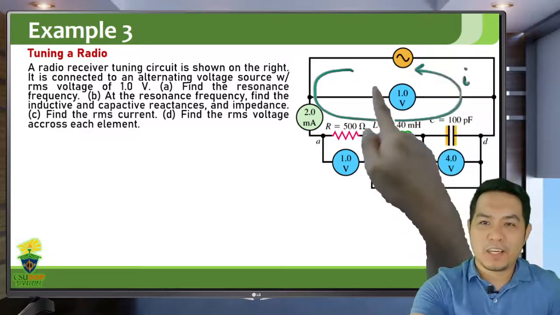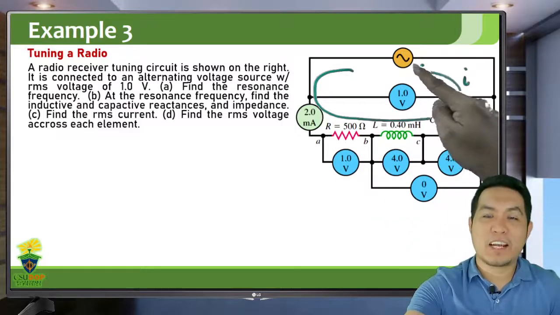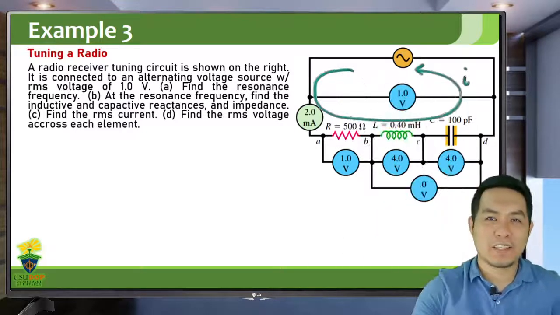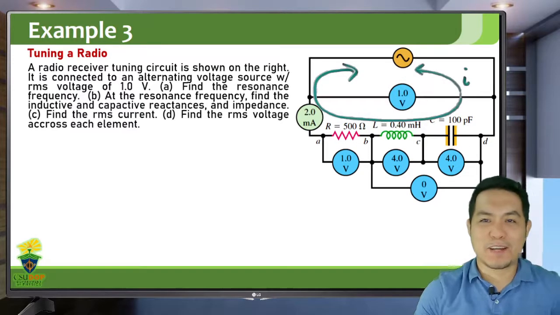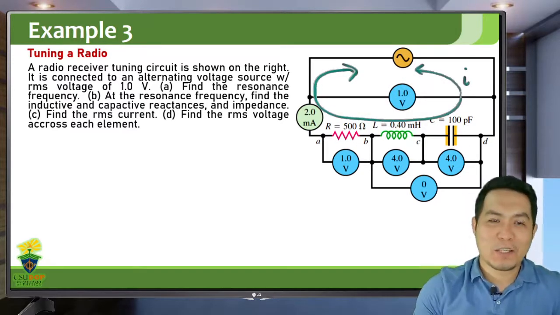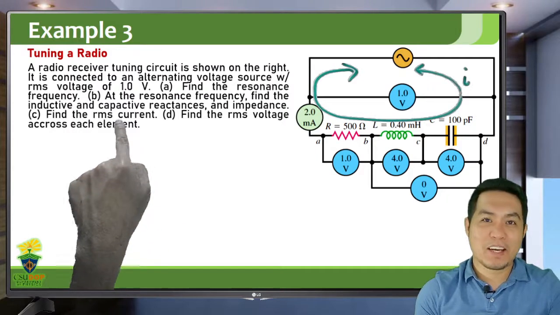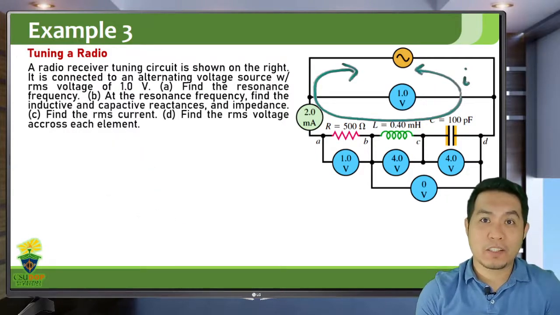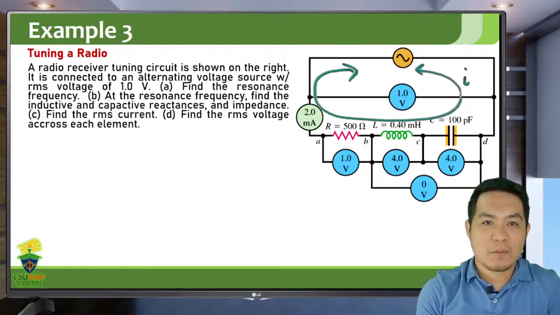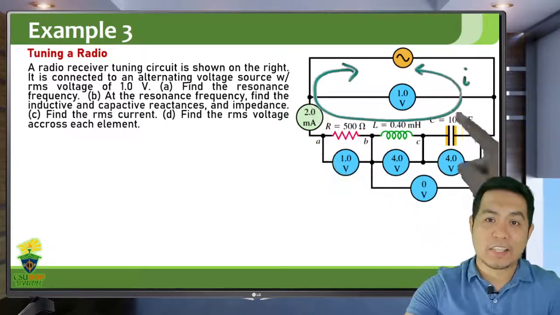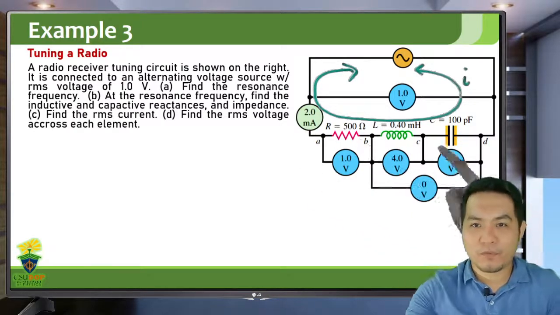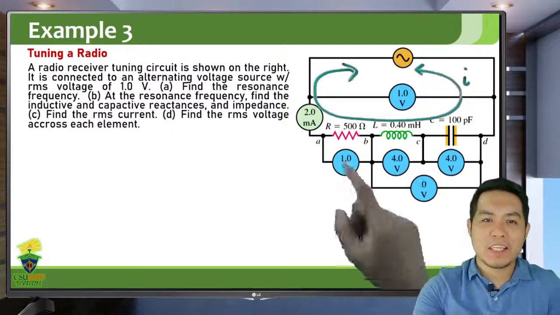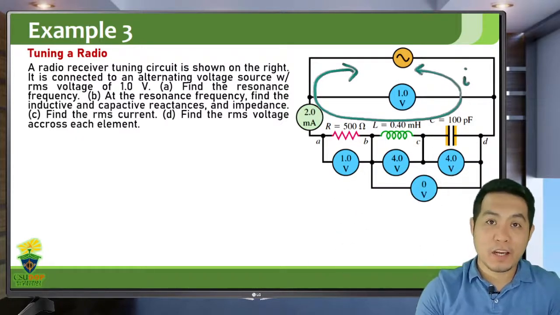One time it's in this direction, and another time it's in the opposite direction. It's continuously changing directions. I'm just going to put 2 arrows there. But you are asked to find only the RMS current, root mean squared current, and find the RMS voltage across each element. Take note, since this is a series circuit, there's only one value of RMS current flowing through the 3, but each of these 3 have different voltages.